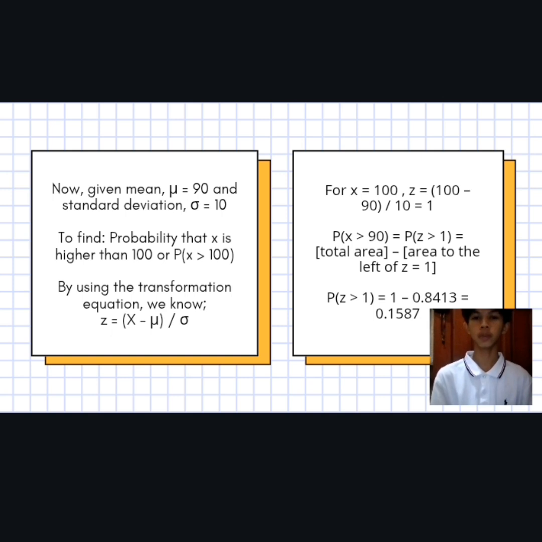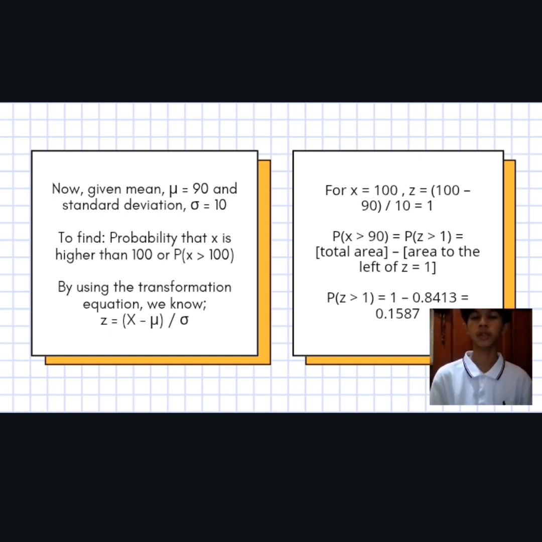Now, given mean equals 90 and standard deviation equals 10, to find the probability that x is higher than 100, or P(x > 100), by using the transformation equation we know z equals (x minus mean) divided by standard deviation.